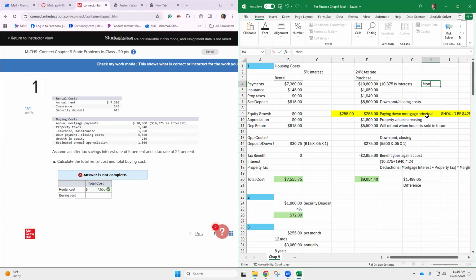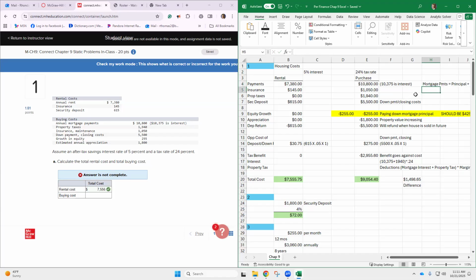Mortgage payments equal principal and interest. And when you're first paying your mortgage, you pay a lot more of your payment on interest than you do on the principal. Mortgage payments equal interest, principal plus interest. So just keep that in mind.